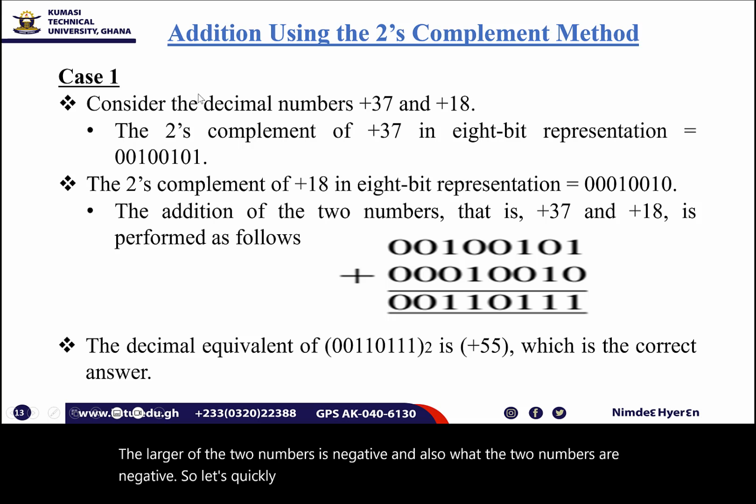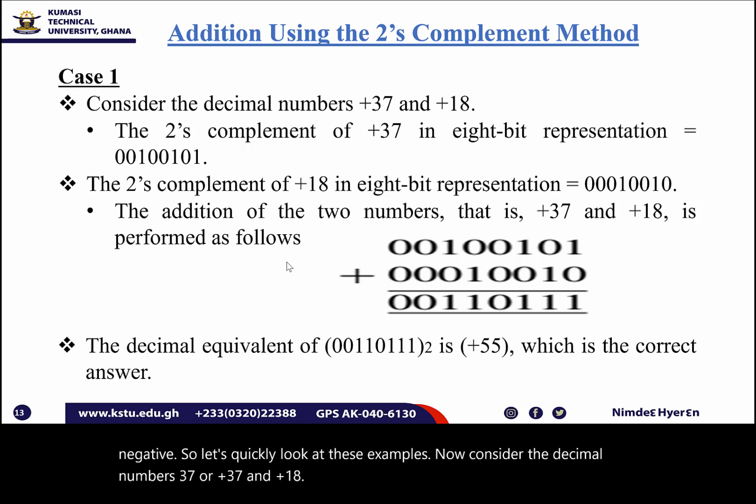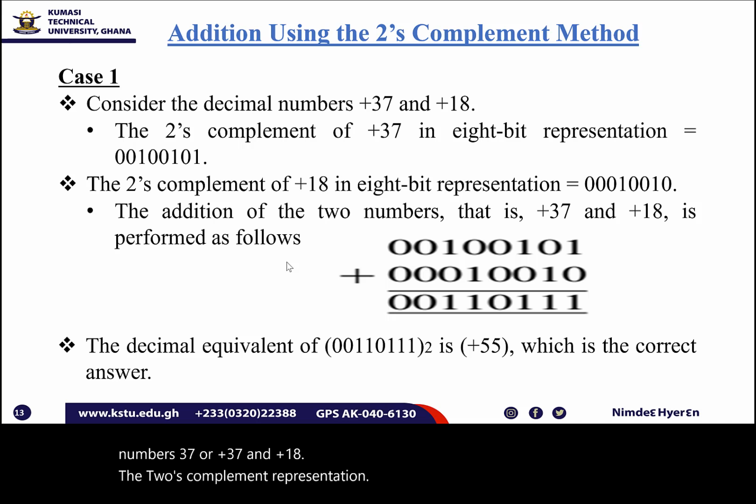Now, consider the decimal numbers positive 37 and positive 18. The 2's complement representation of 37, in 8-bit representation, is 0, 0, 1, 0, 0, 1, 0, 1.